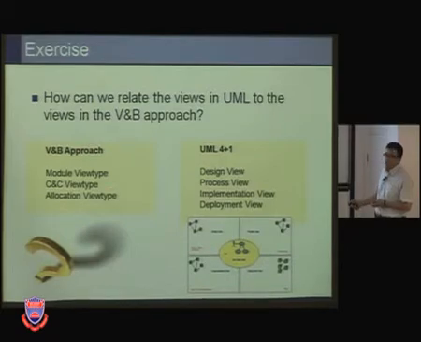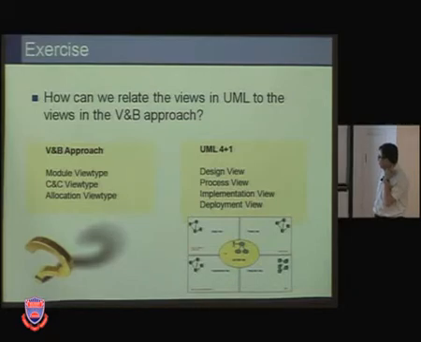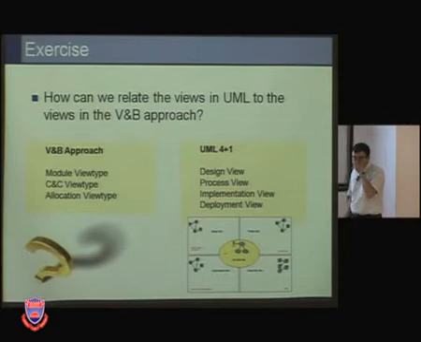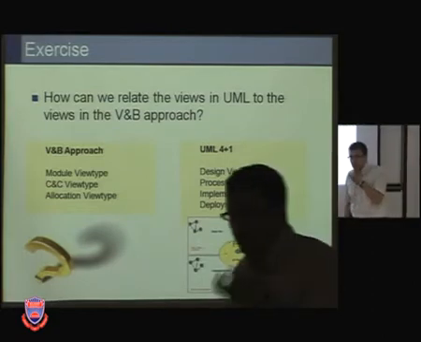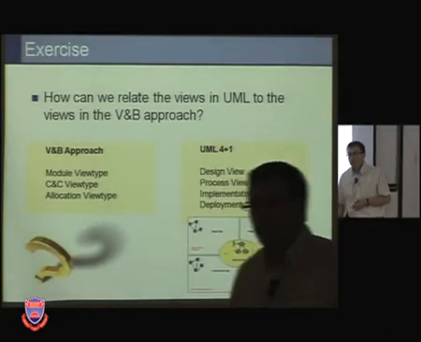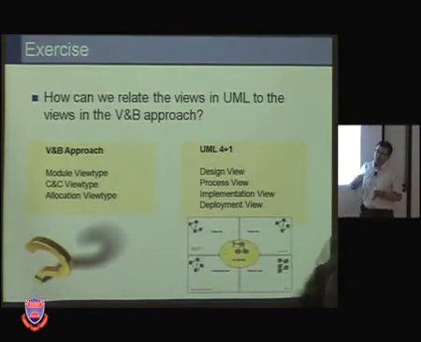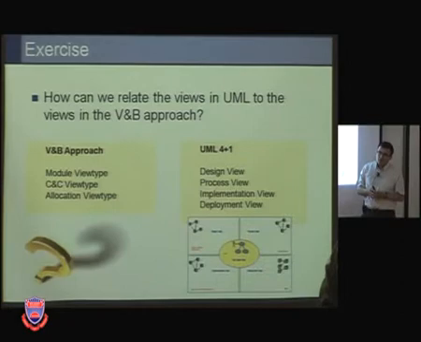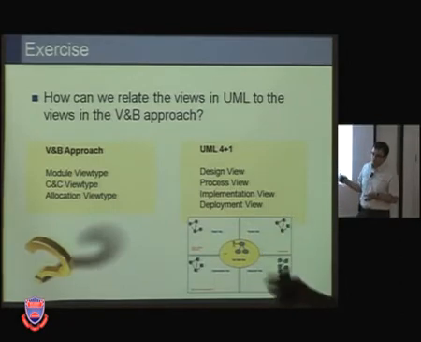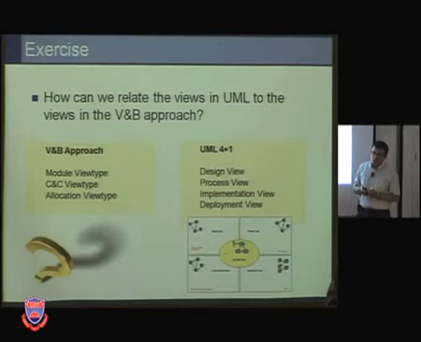It's also somewhere here, C&C. Deployment view. Allocation and deployment style. You see, but in the allocation view type we have 3 styles. Where's the work assignment style in UML? Do you have it? Maybe implementation. We don't have it.